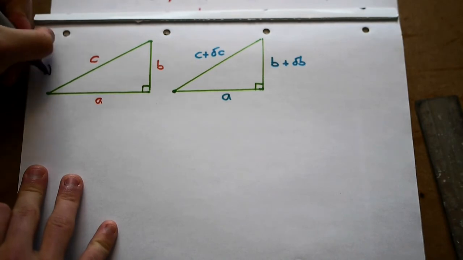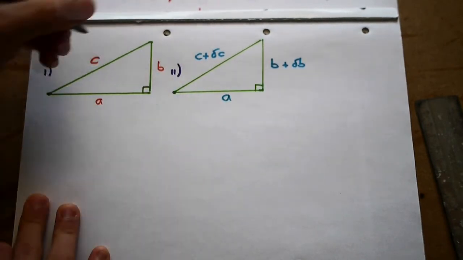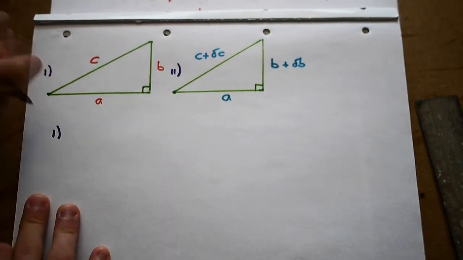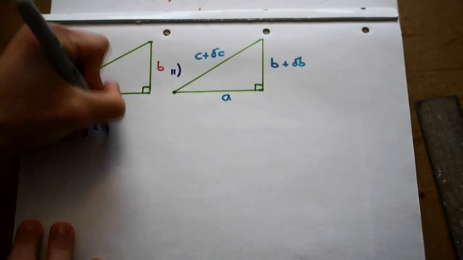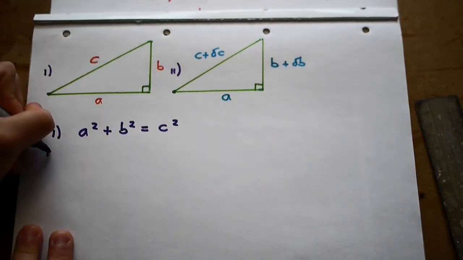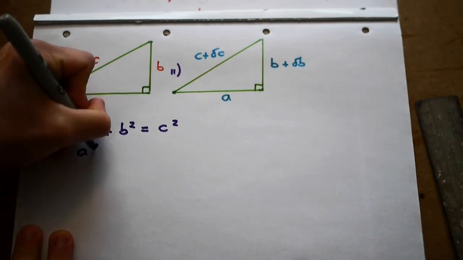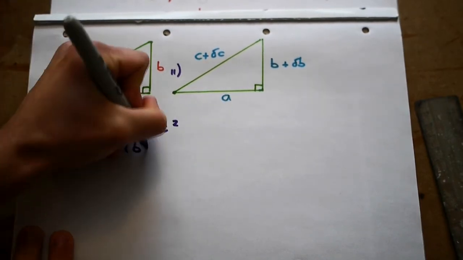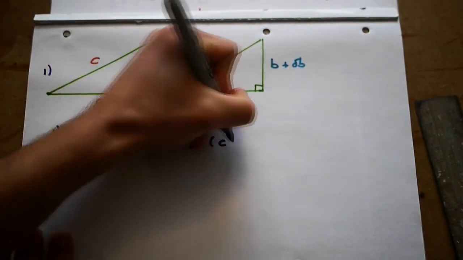If I now look at the relationship between the sides by using Pythagoras' theorem, we have two equations. The first one is simply a squared plus b squared equals c squared. And the second one is a squared plus (b plus delta b) squared equals (c plus delta c) squared.